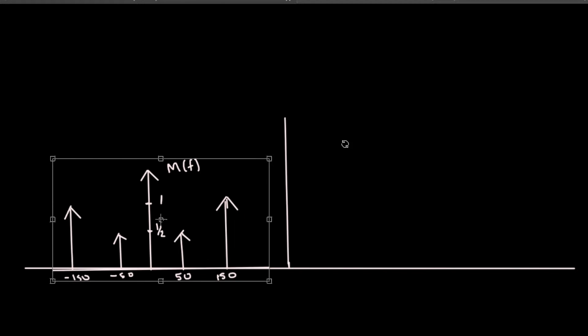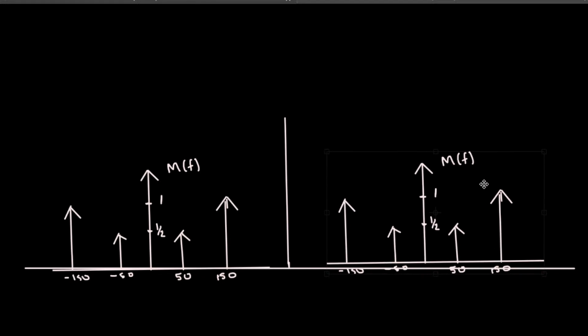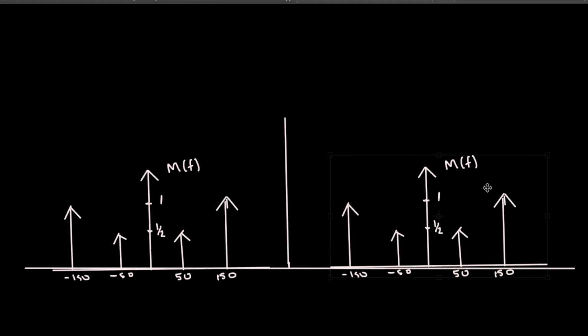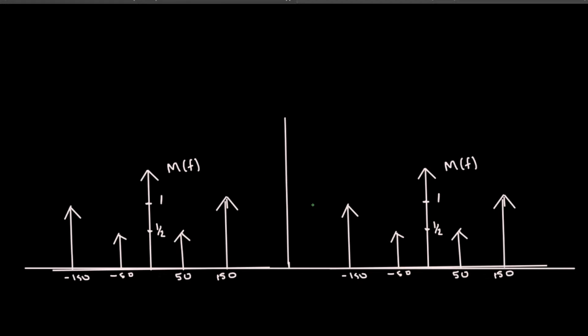The same thing goes for the other side, which also starts at 350. This one should be the same height. This is located at 1, and this one doesn't exist. This is the middle part of it.